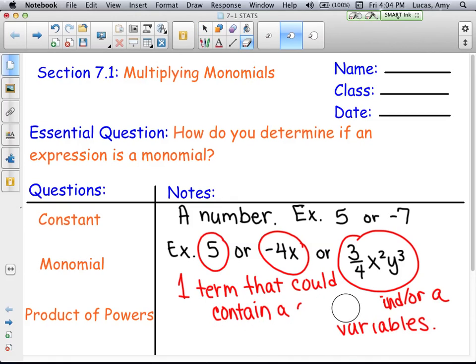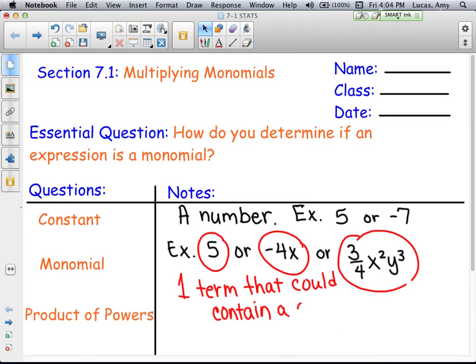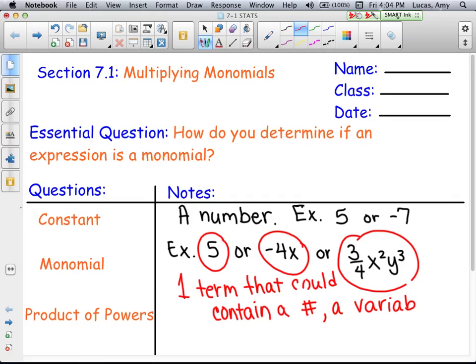So let's say one term that could contain a number, a variable, or a product of numbers and variables.